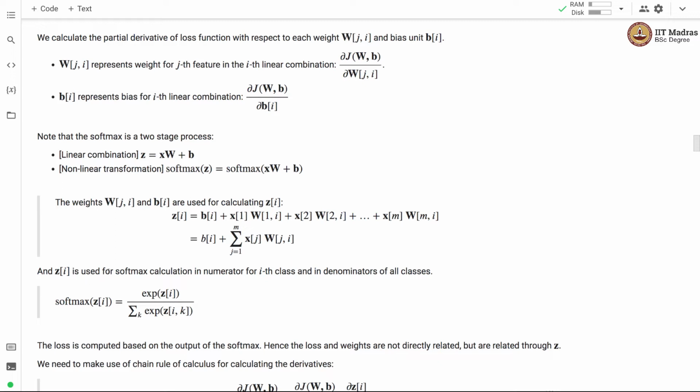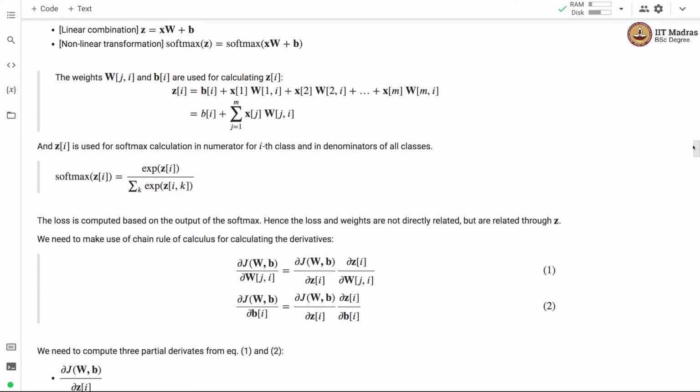And Zi is used for the softmax calculation in the numerator for the ith class and in the denominators of all the classes. So softmax of Zi is calculated as the ratio of the exponential of Zi divided by the exponential of Z i comma k across all k classes. And we have already talked about this.